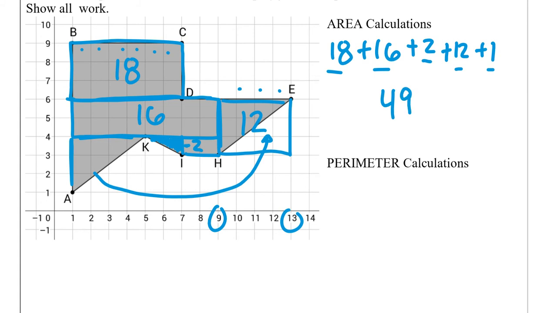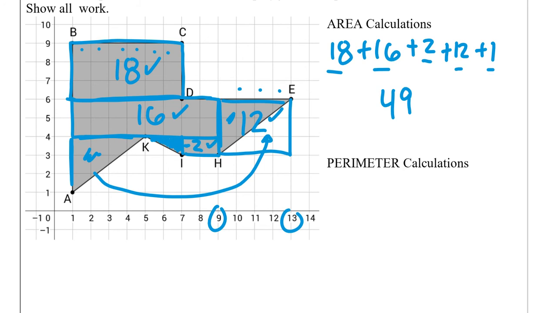Let's just double check. 3 times 6 is 18, check. 2 times 8 is 16, check. 3 times 4 is 12, and that covers this shaded region but also includes this one because I moved it. Plus the 2 and then plus the 1.